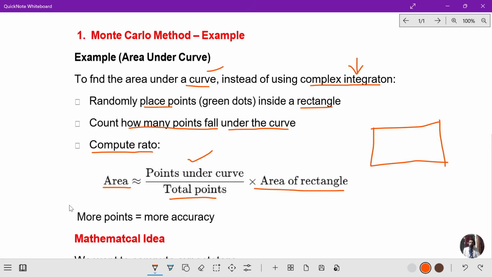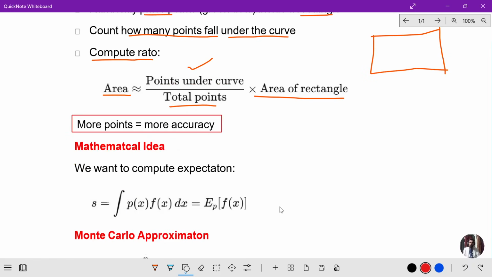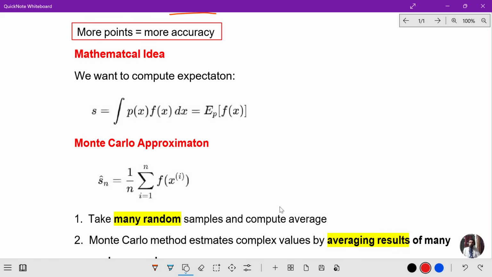When you take more points, you get more accuracy. Please remember, when you select more points, you will get more accuracy. Now let us go to the mathematical idea using integration. We want to compute the expectation.